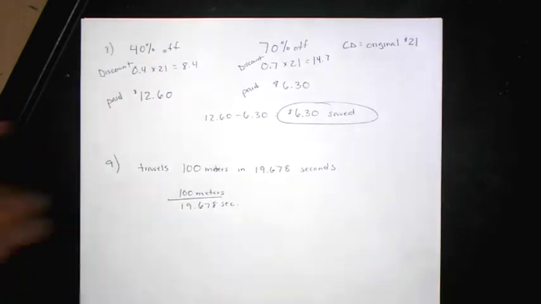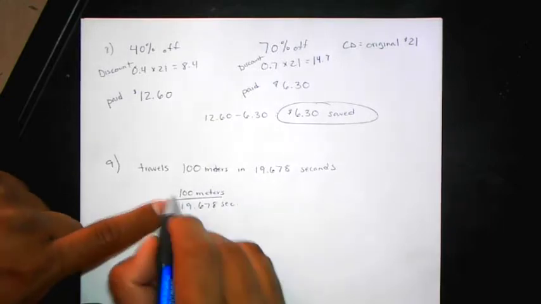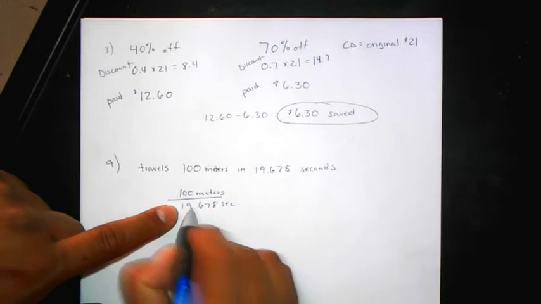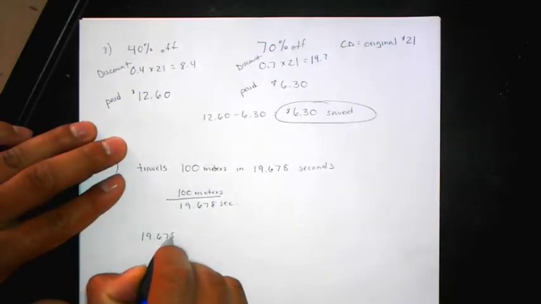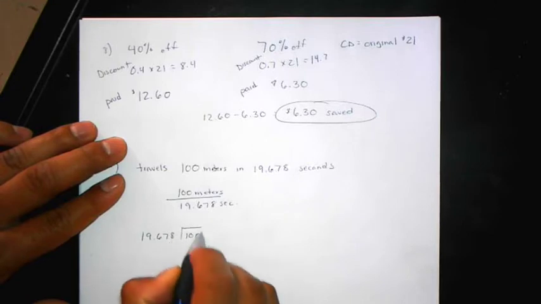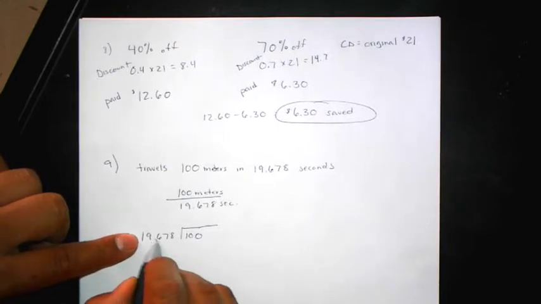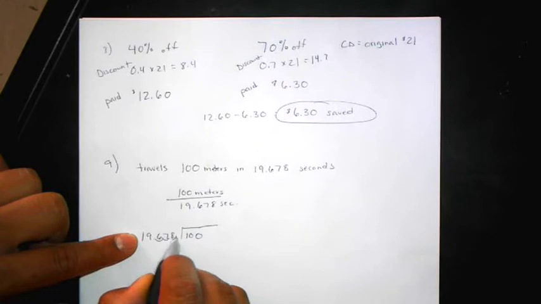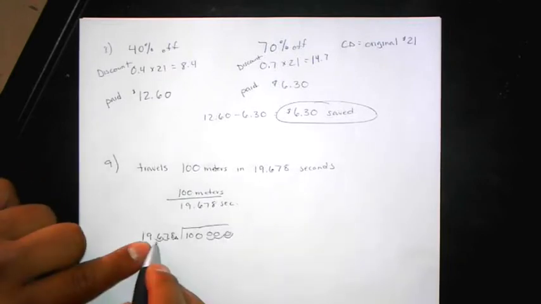If I want to find out how much he does in 1 second, I'm going to have to divide. So I'm going to divide this number by this. It would look like this: 19.678 divided into 100. It is a little bit of a complicated problem because of the decimal, but you move the decimal 1, 2, 3 places and add your zeros, and it is a big number to work with.